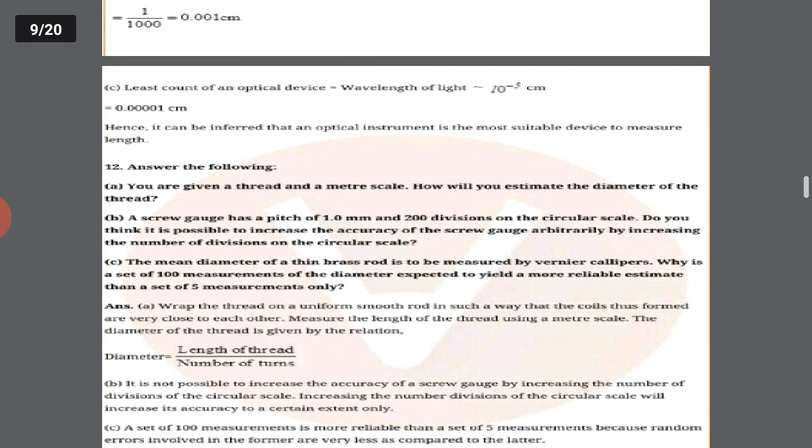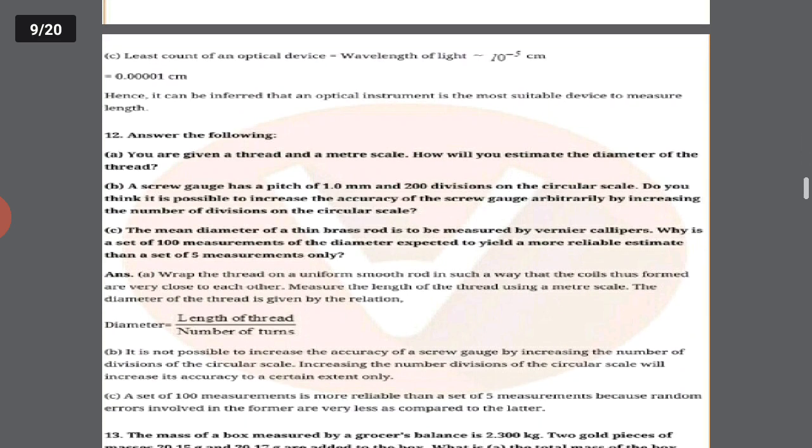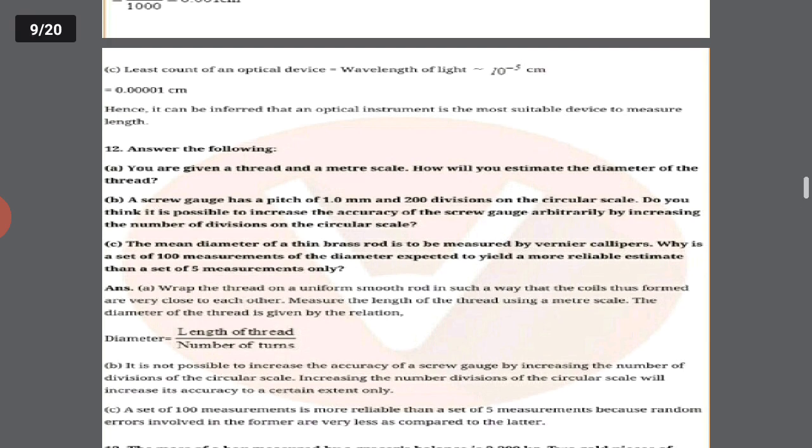The least count of the optical device is the wavelength of light, of the order of 10⁻⁵ centimeter. Hence it can be inferred that the optical instrument is the most suitable device to measure length. Okay, so answer the following questions.